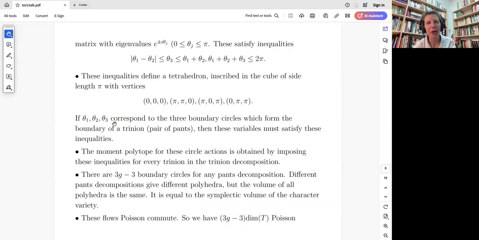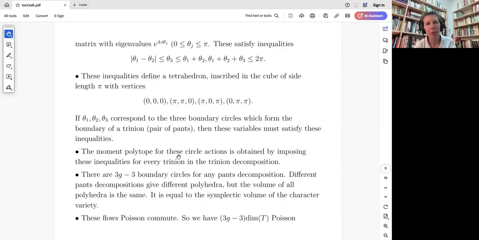If theta 1, theta 2, theta 3 correspond to the 3 boundary circles which form the boundary of a trinion or pair of pants, then these variables have to satisfy these inequalities. This was worked out in my work with Jonathan Weitsman.